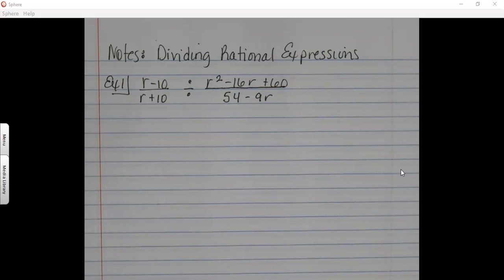Now, in my notes, I'm not going to write keep, change, flip, because like I said, it's not the technical mathematical terms.